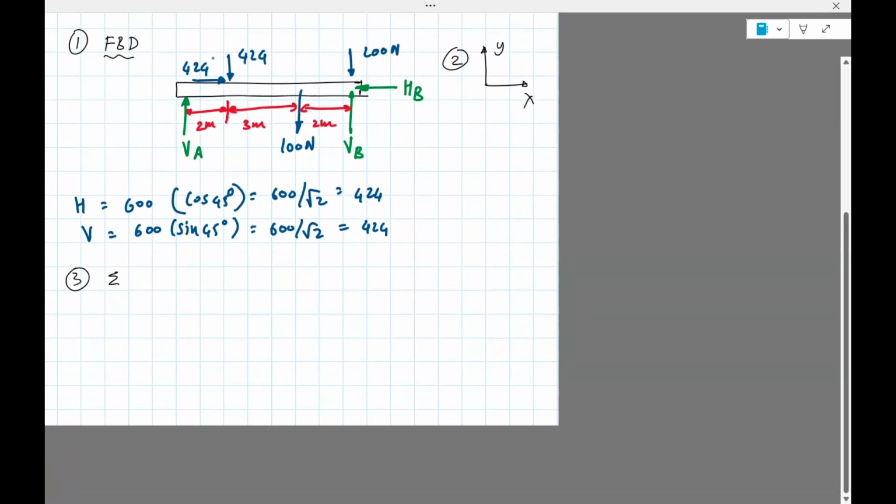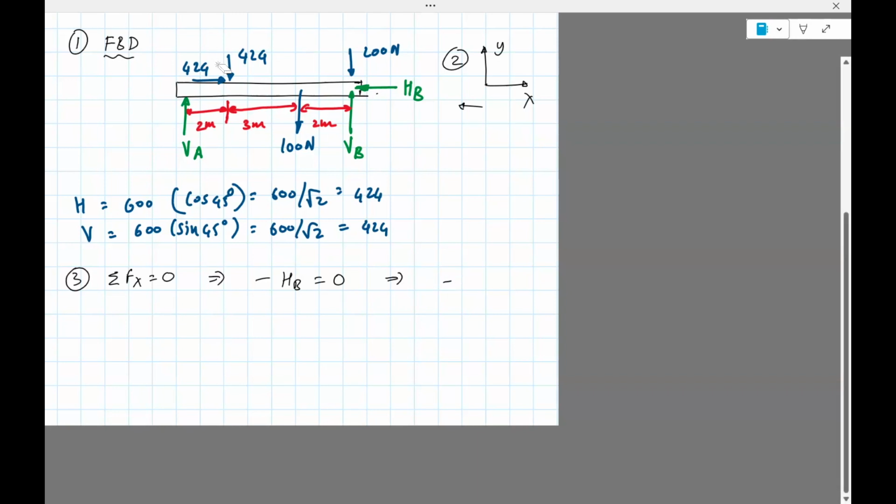So net force in the x direction is 0. So we look at the free body diagram, we identify all the forces in the horizontal direction. There's only one force, which is HB, and the way HB is drawn, it's drawn to the left. So it's going to be minus HB equals 0.